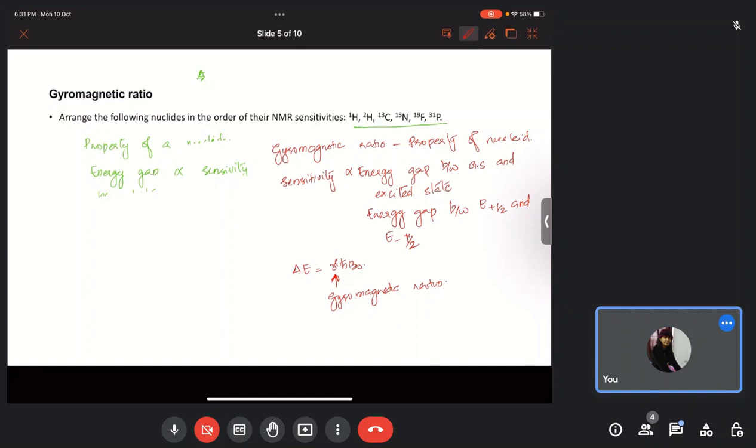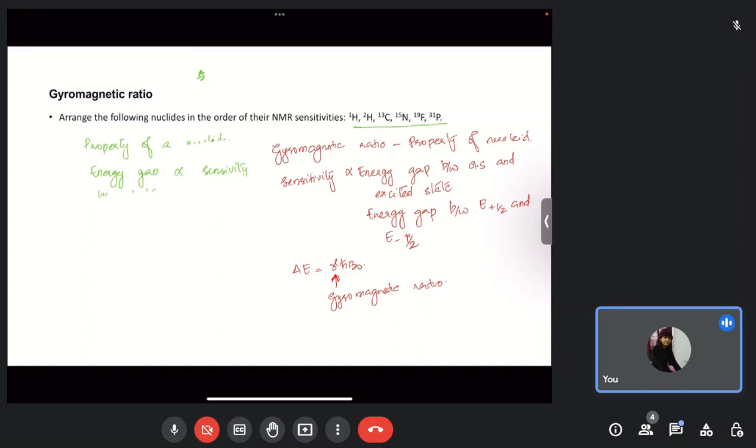So how are they for different commonly used nuclei?